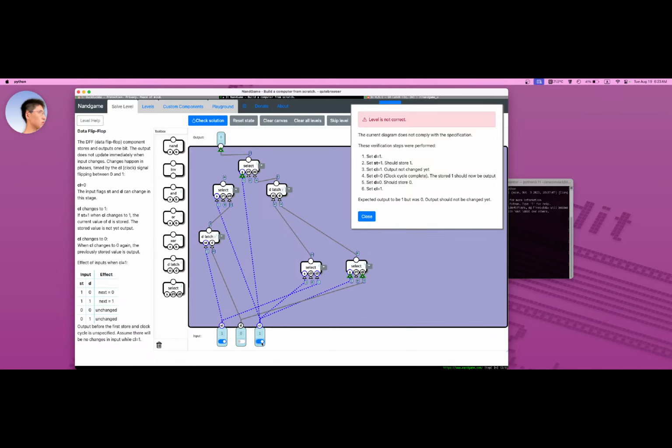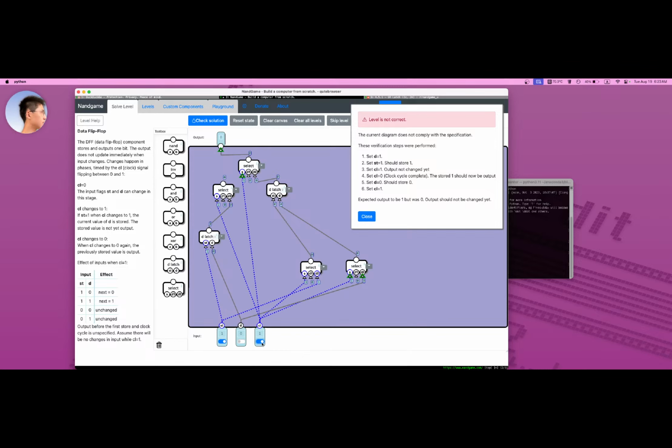Set clock to 1. Here, when I set D to 0, we store a 0, that's fine.